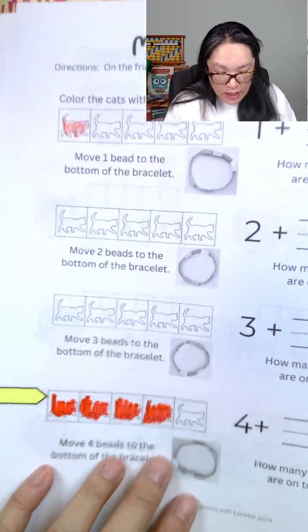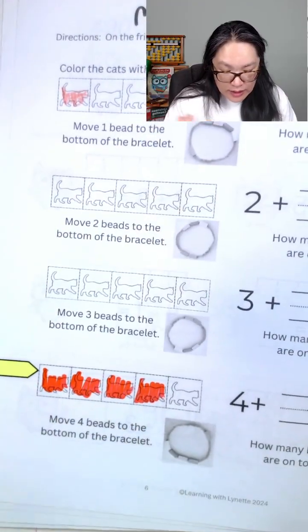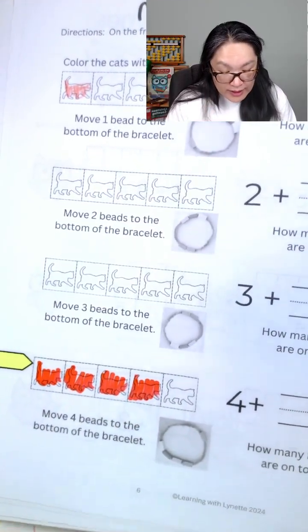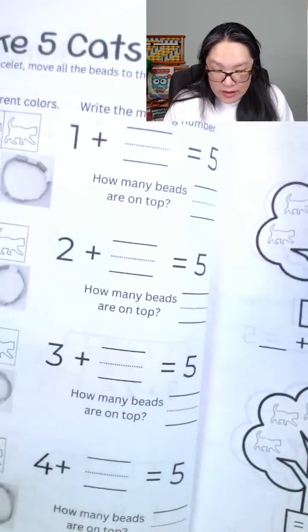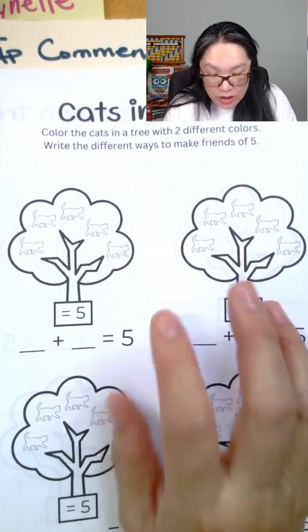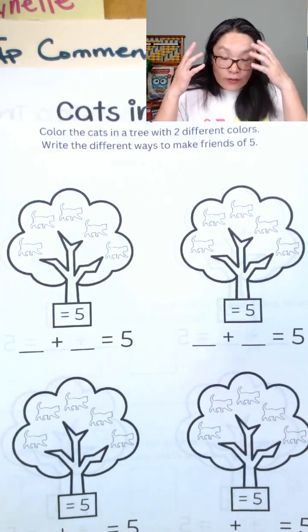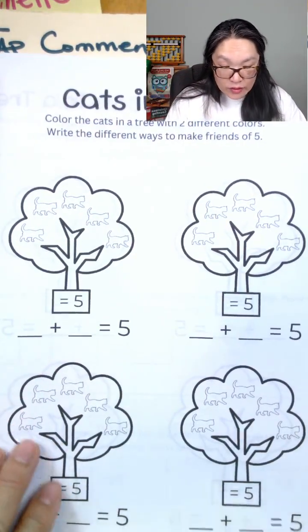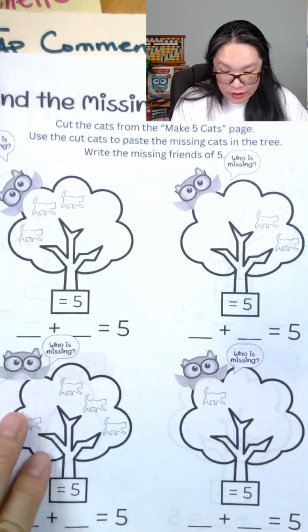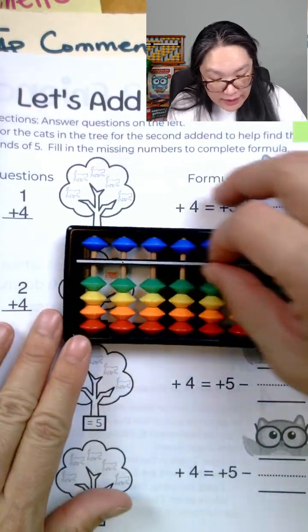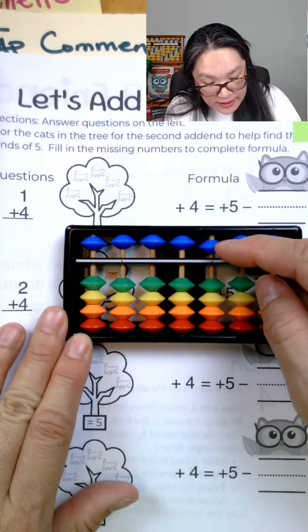Here, I wanted them to really practice their writing. It carries on into having cats in a tree. If we have 5 cats in a tree, what are we going to do? The reason we do 5 cats in a tree is because I wanted them to understand that this is the 5 cats in the tree.